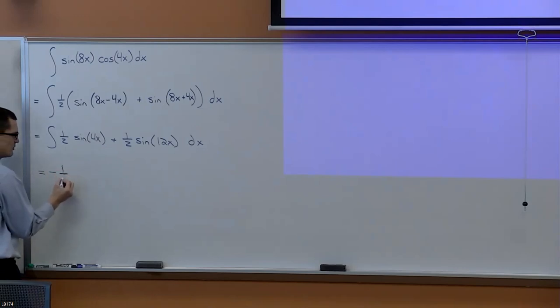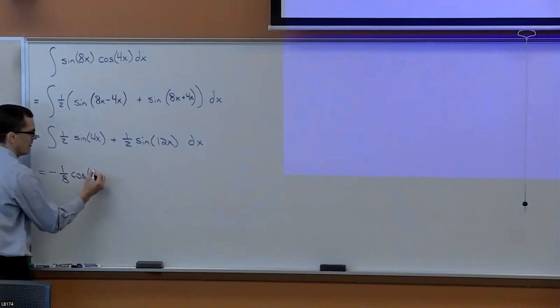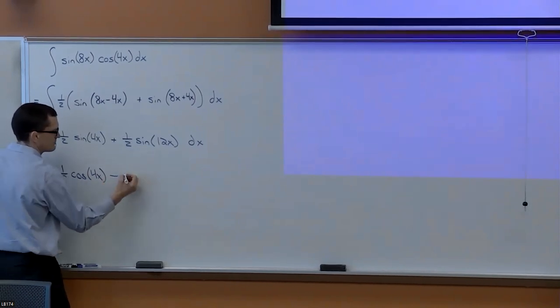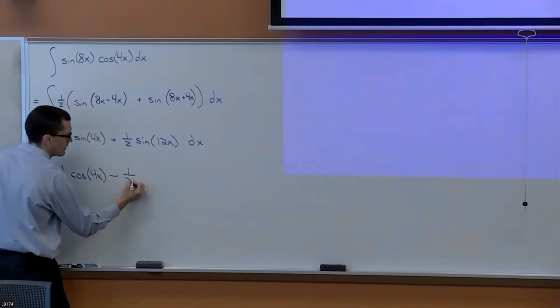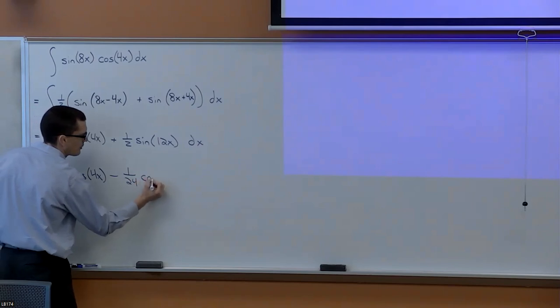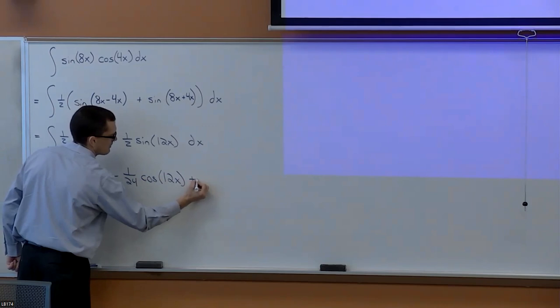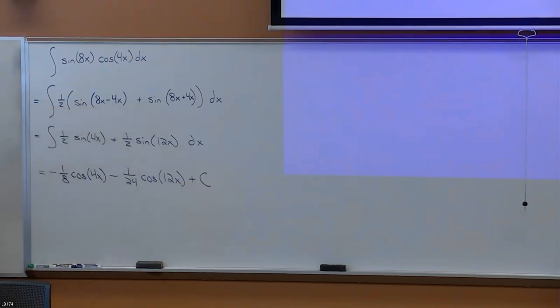So negative 1/8 cosine of 4x minus 1/24 cosine of 12x plus c.